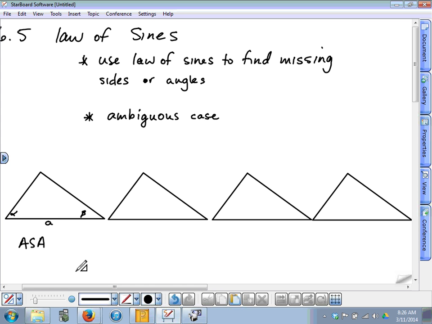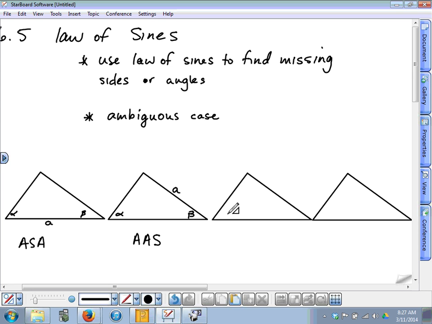Now let's say you knew angle alpha here, angle beta there, and a side A right there. What would you call that case? That's angle, angle, side. We're not going to prove that yet, that's 2 chapters from now.